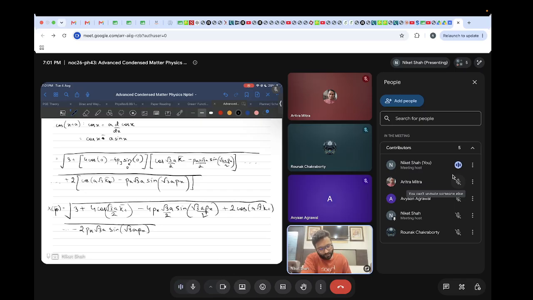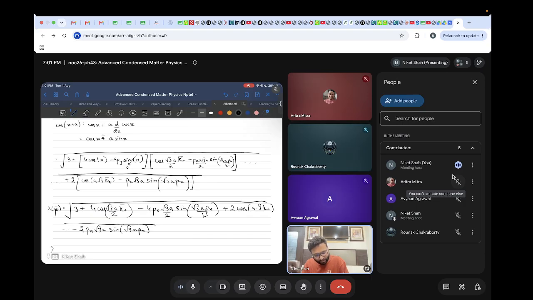Okay, and now this term and this term, we know they together go to 0. That's the starting point. We have already seen that when I put 4 cos root 3a by 2 k plus, I get a minus 2 here. When I put 2 cos a root 3 k plus, I get a minus 1, and that totally removes this.